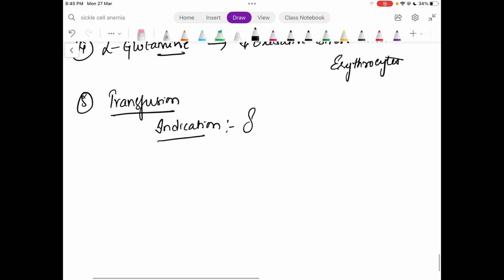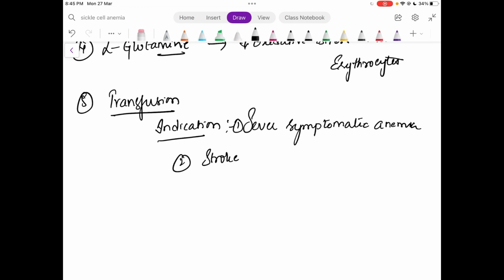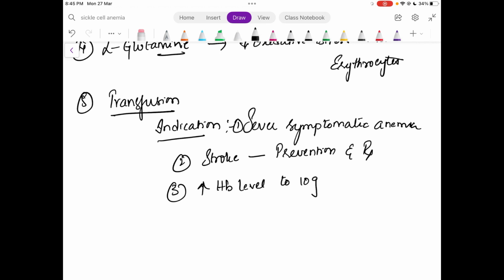That is severe symptomatic anemia, for stroke patients, that is for prevention and treatment of stroke, to increase hemoglobin level to 10 grams per deciliter.